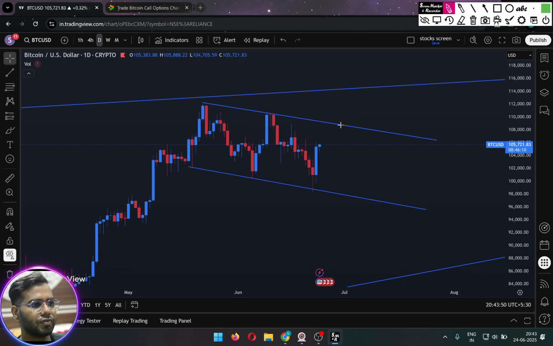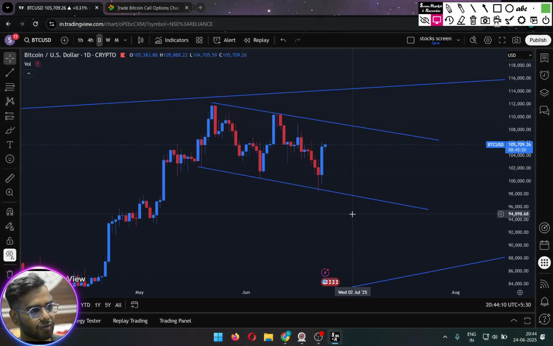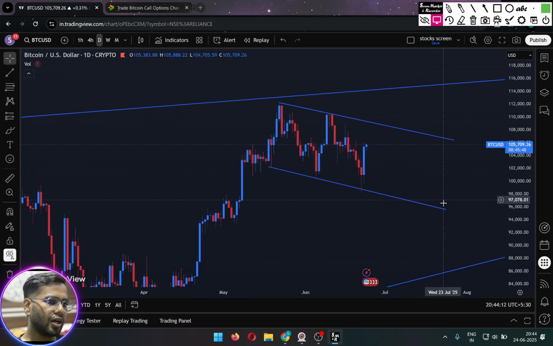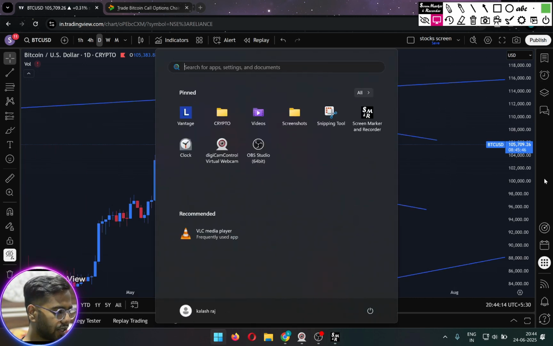And if it breaks out, you can also buy at this point, because it will be a confirmation of the breakout of this trend line, which has taken resistance multiple times at this level. So these trend lines will also help you to take entry in trades or exit your current running trades.